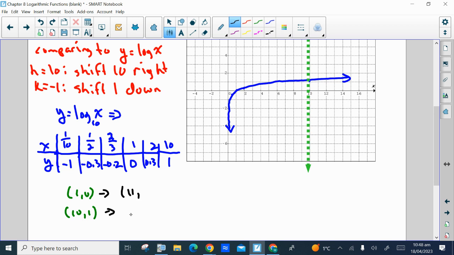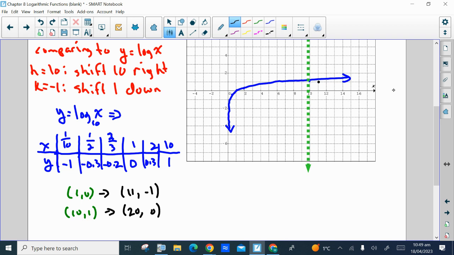That x value will become 11. This x value will become 20. It's going to go 1 down, so we're going to subtract 1 from the y values. So I've got the point 11, 1 and the point 20, 0.